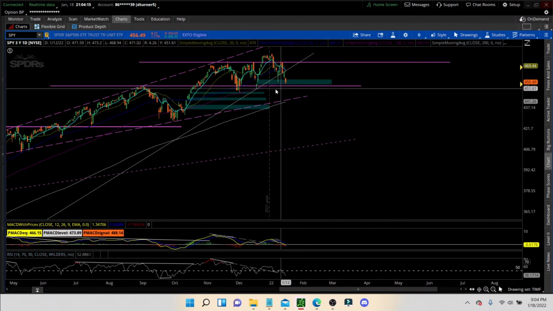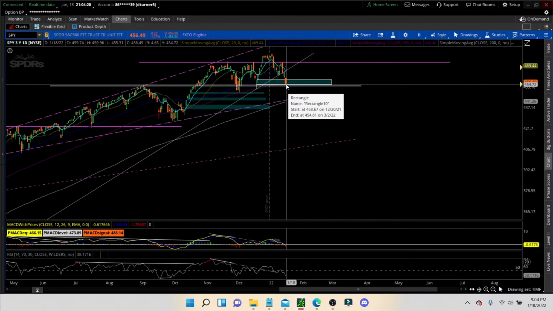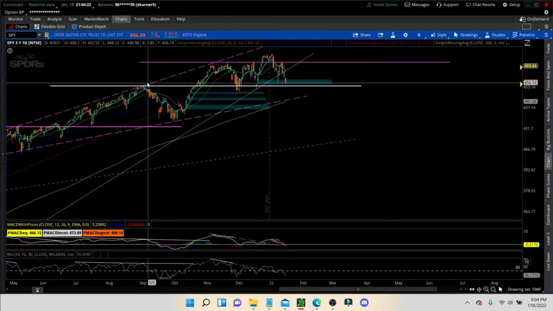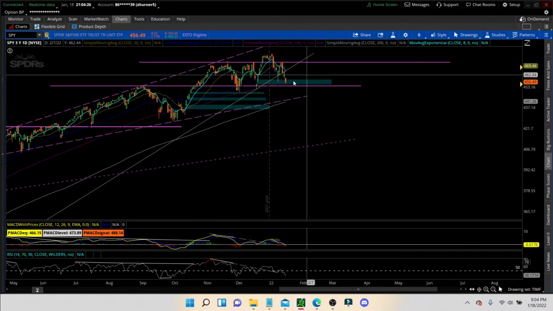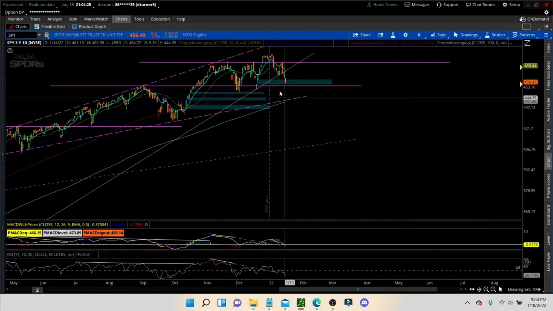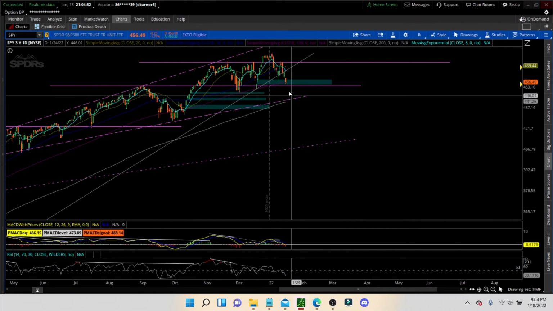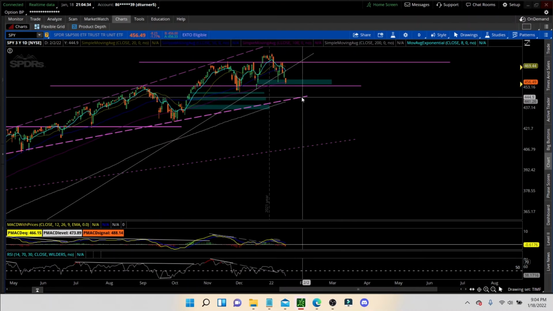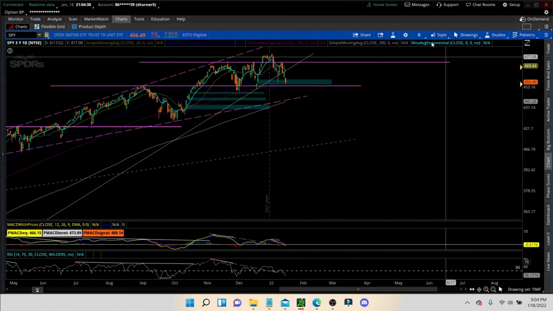Other than that, I would expect us to just gap down. If we're going to be very bearish, we're just going to gap down underneath this all-time high previously from August of last year and just continue to the downside, probably slicing through all these gaps here at that point, being pretty impulsive.